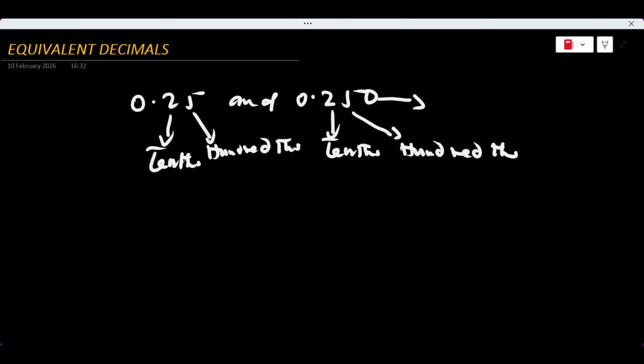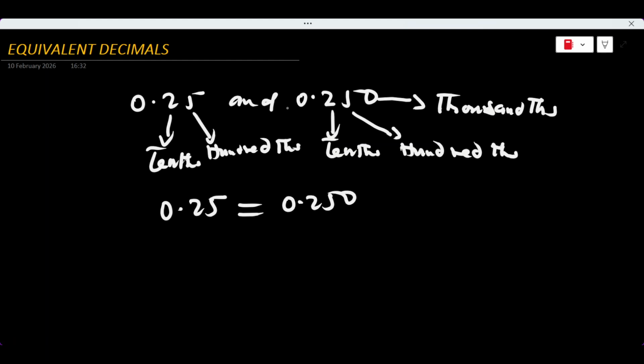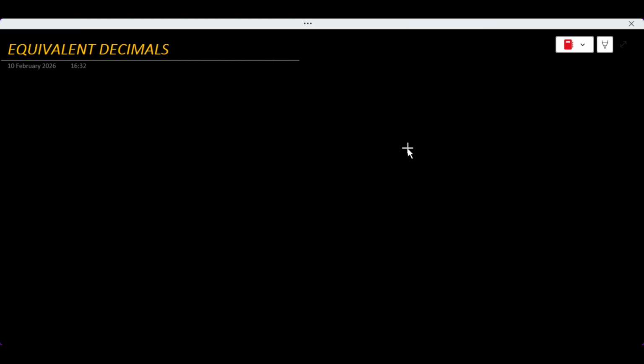Then we have the 0 at the thousandths place. Now take note that the 2 here is at the tenths, the 2 here is at the tenths, the 5 here is at the hundredths, the 5 here is at the hundredths. So the extra 0 doesn't change what? The value of the digit. Hence, 0.25 is the same as what? 0.250.